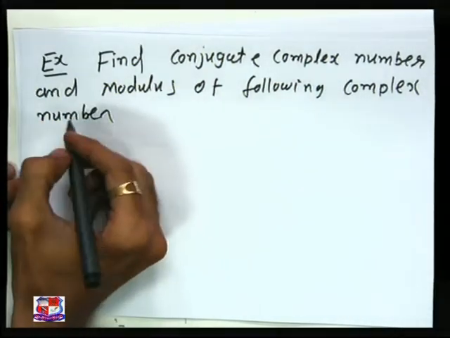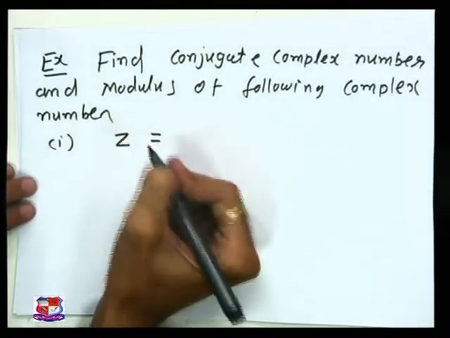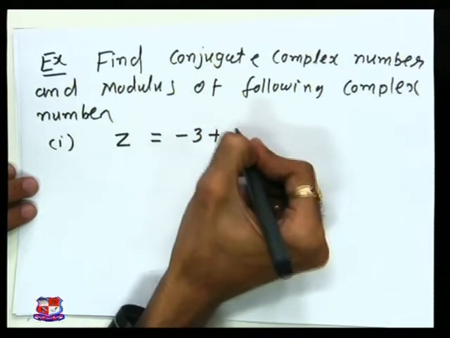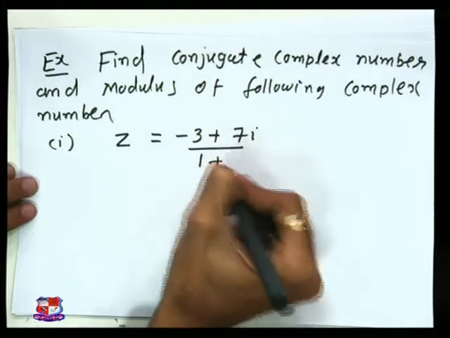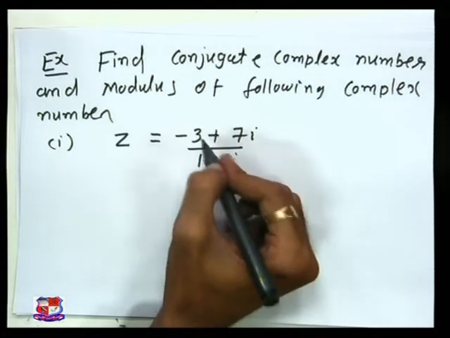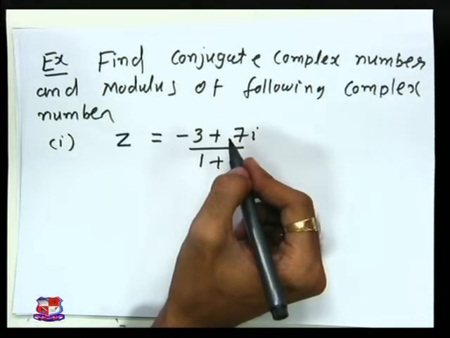The complex number is z is equal to -3 plus 7i upon 1 plus i. We need to find the modulus of this complex number and the conjugate of this complex number.